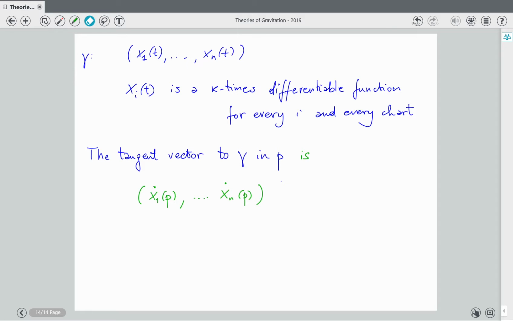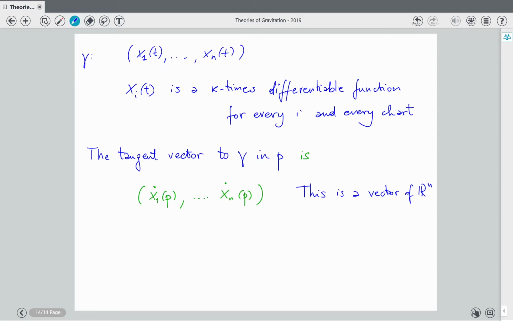This is a bit of a shortcut notation, but I think it's clear. This is a vector of Rn, and these are its components.